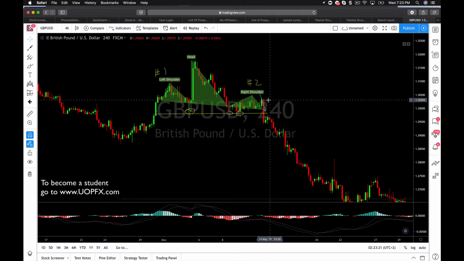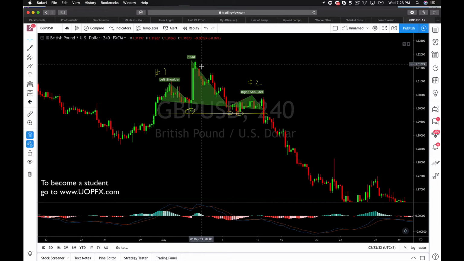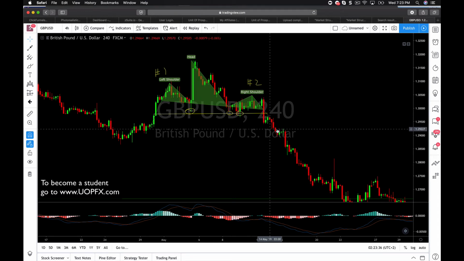So I'm going to remove this off the chart. As soon as price breaks below the neckline, that is a valid head and shoulders pattern. That is the only way you can consider it a valid head and shoulders pattern, and that's the only reason you should trade it.